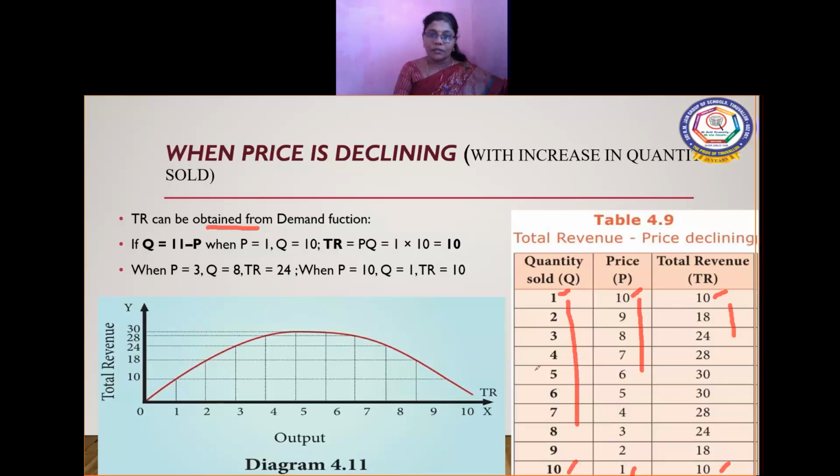In this situation, you will get a curve like this. Here they have marked the units and here the total revenue. From the starting it is increasing, so the number of units is also increasing. As the price is declining, the total revenue will also decline when compared to the quantity sold.